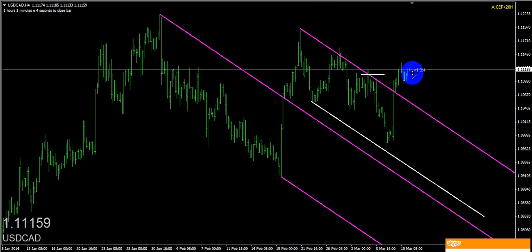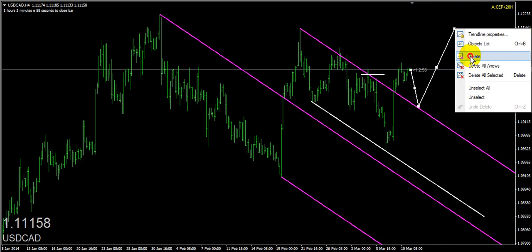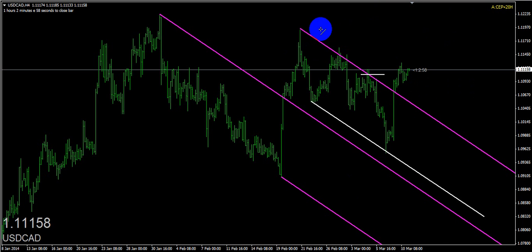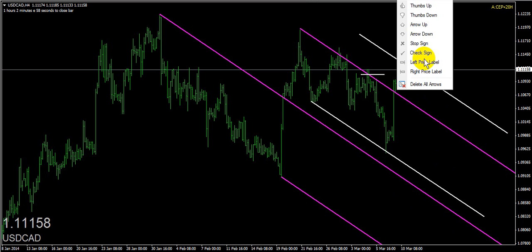So what can it do now? It could go down and up, or it could create a sliding parallel here, something like that, and continue to go down in the fork. But I don't see that happening because of this huge bar.